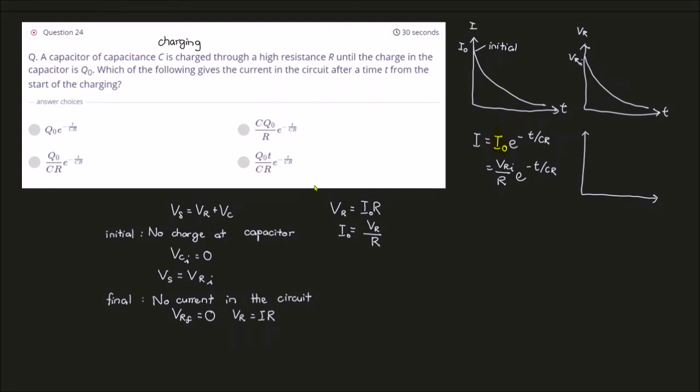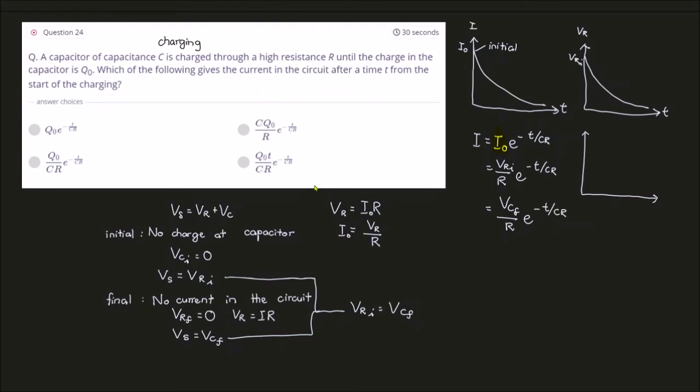So in this case, the voltage supply will be equal to the voltage across the capacitor final. Why do I explain all this? I'm trying to show you that VR initial, the voltage across the resistor initially, is actually equal to the voltage across the capacitor final. So you can change this to VCF over R, e to the power of negative t over CR.